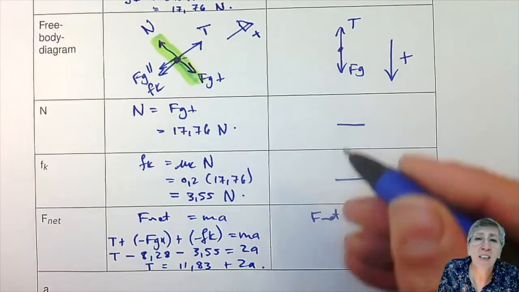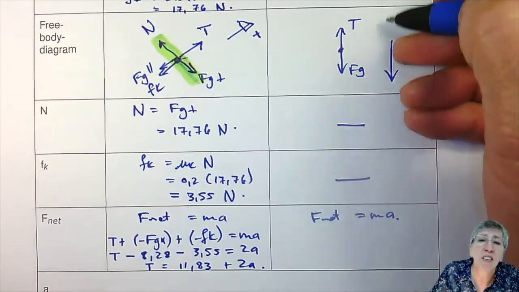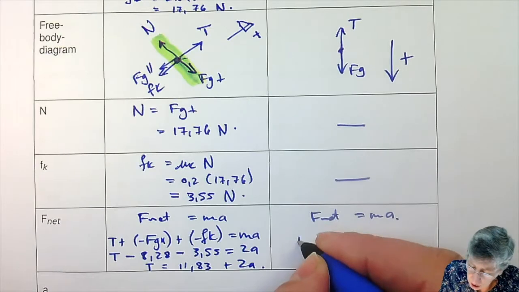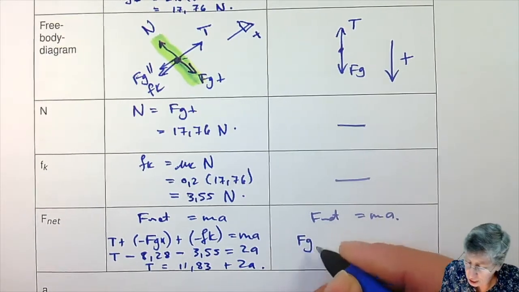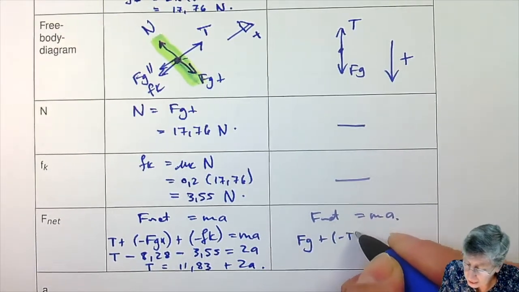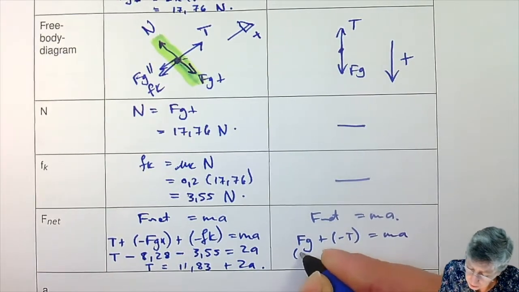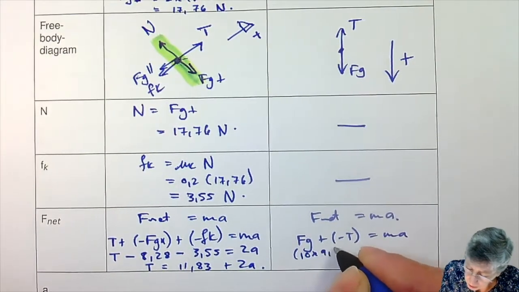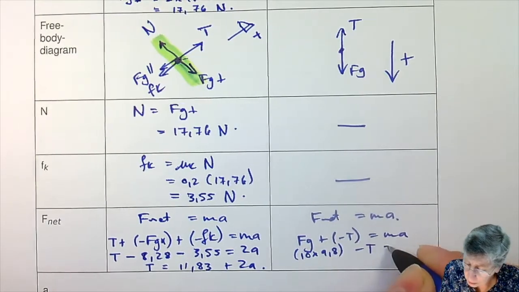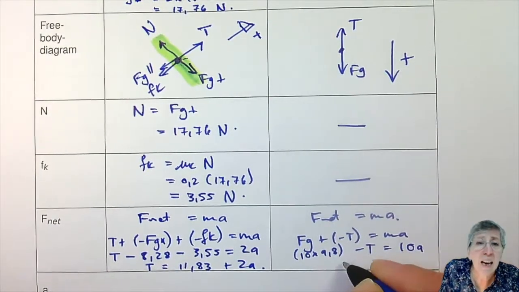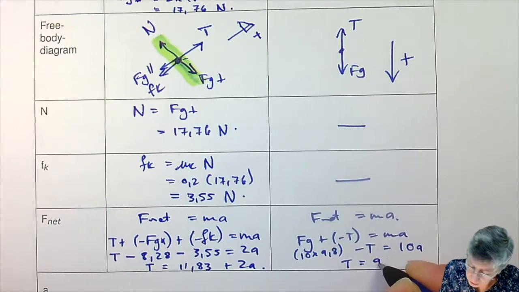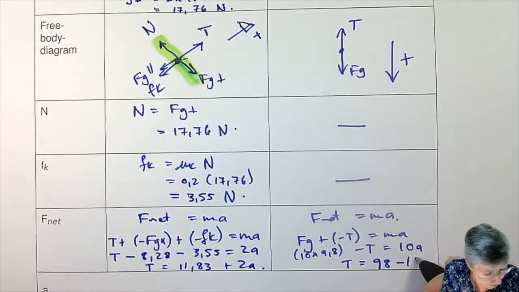Moving to the other side. Now the positive direction is the downward direction. So adding the forces together, Fg is a positive force and T is a negative force, and then you'll end up with 10 times 9,8 minus T being equal to 10a, and T ends up being 98 minus 10a.